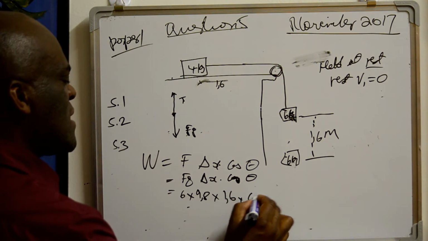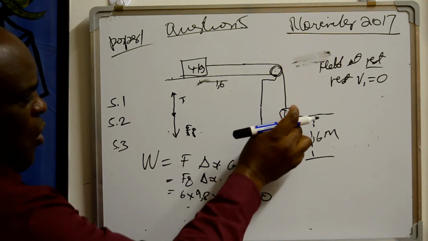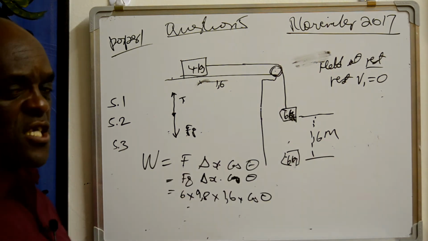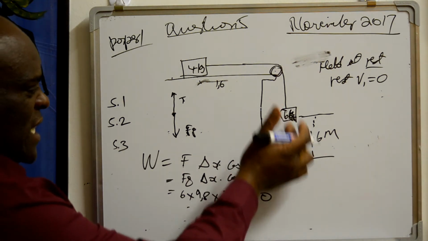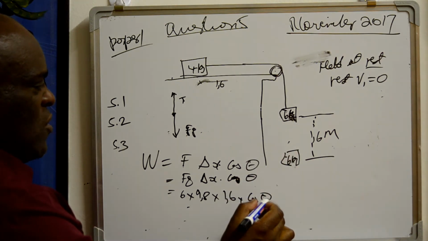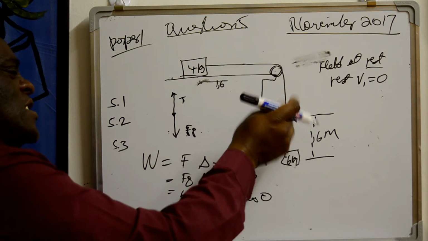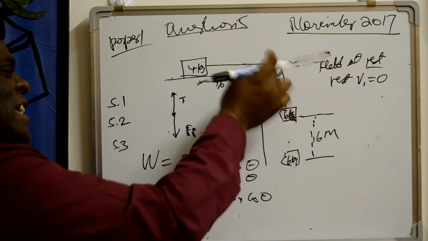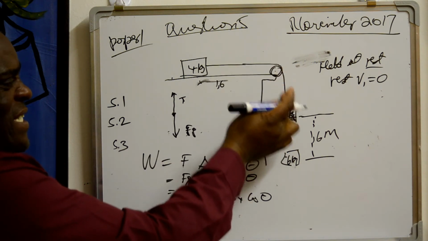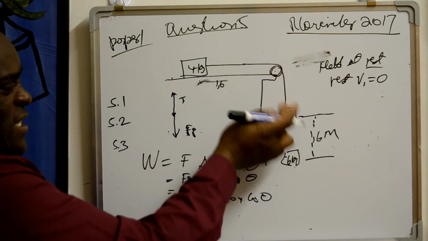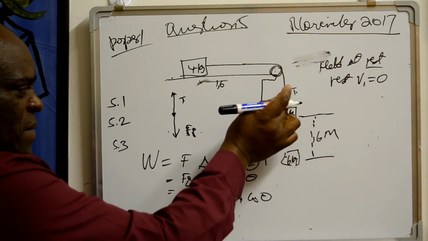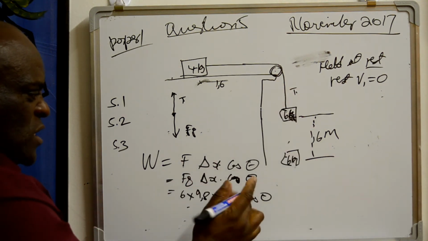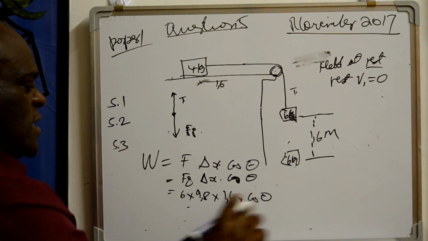The block goes in the direction of the force of gravity, which means my cos is cos 0, because the direction is the same. It's not acting against the 6 kg. The tension is acting against, so the tension will exert an angle of 180 degrees. But for gravity, it's coming down, so it's cos 0.